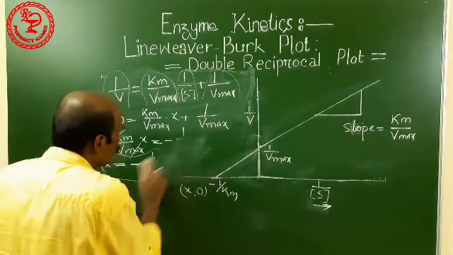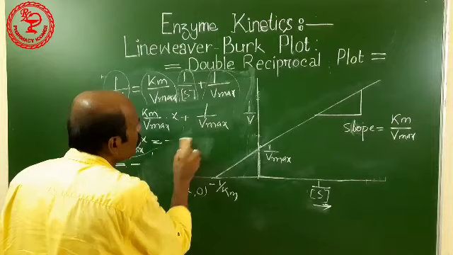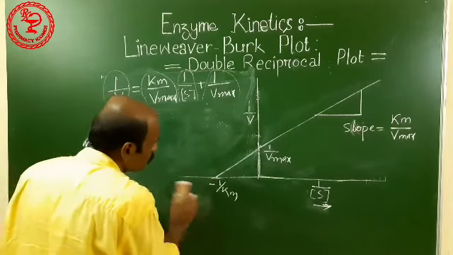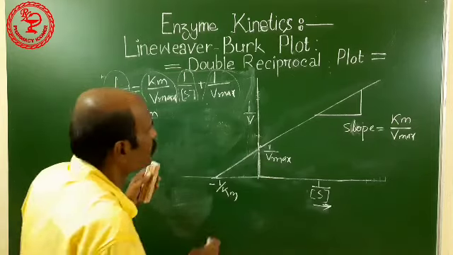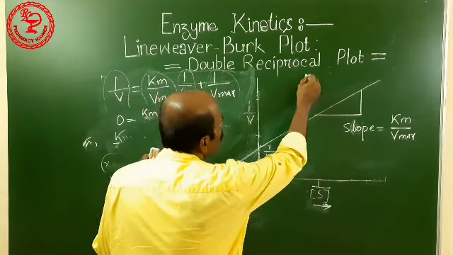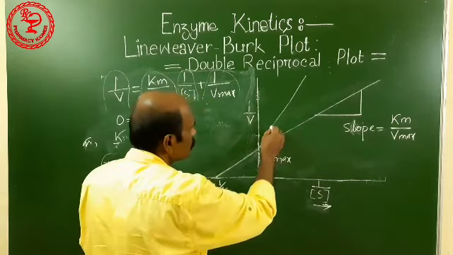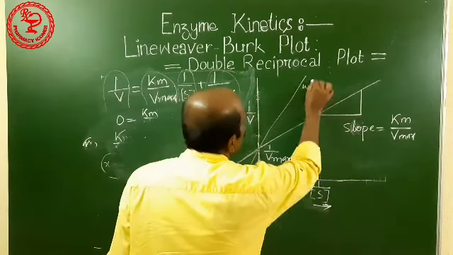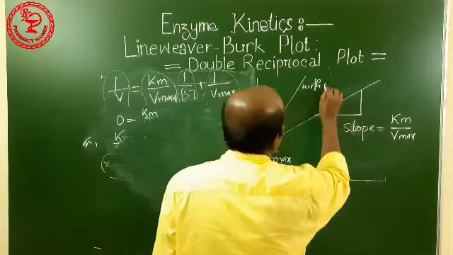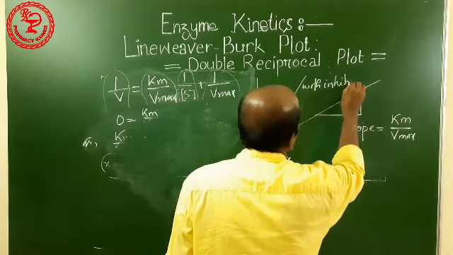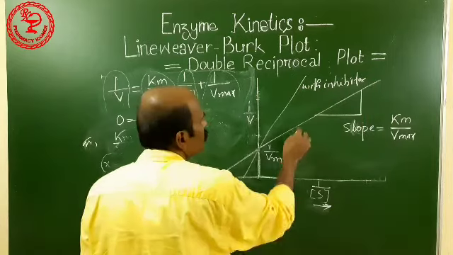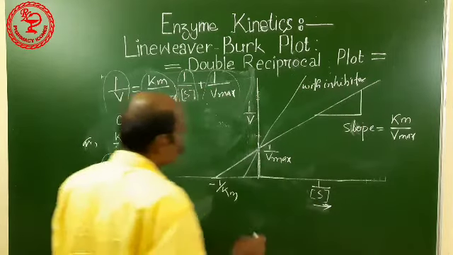In case of competitive inhibition, this curve will be like this with inhibitor, and without inhibitor, this one.